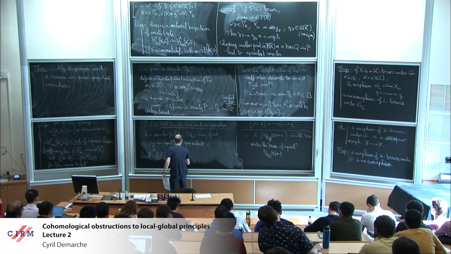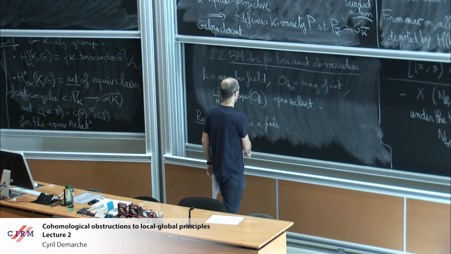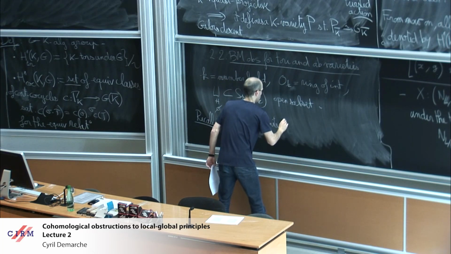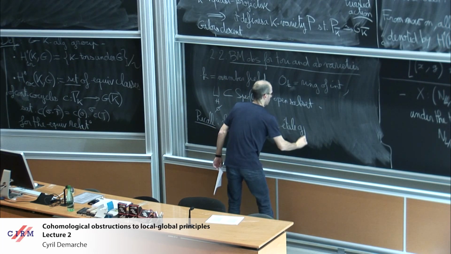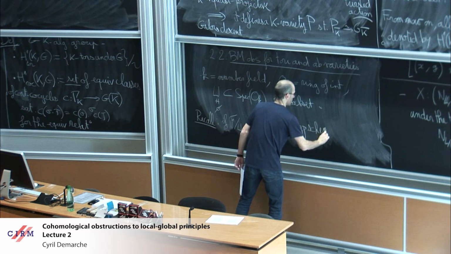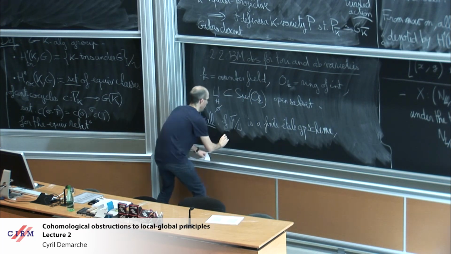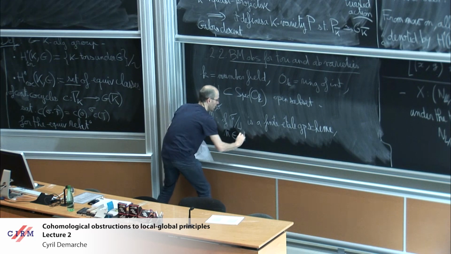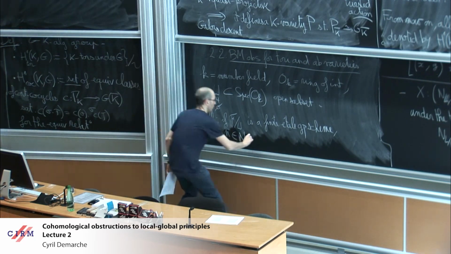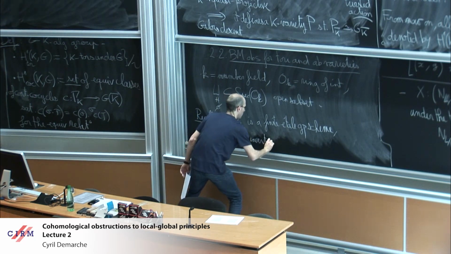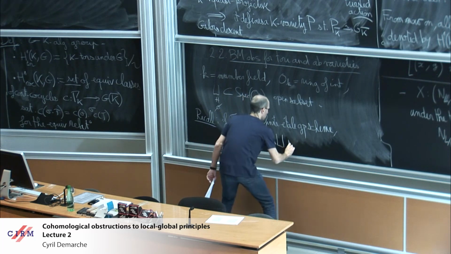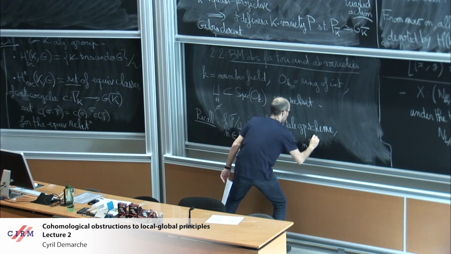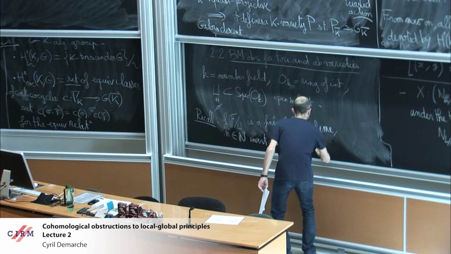Say a finite étale group scheme, and n is an integer invertible on U, such that F has n-torsion.